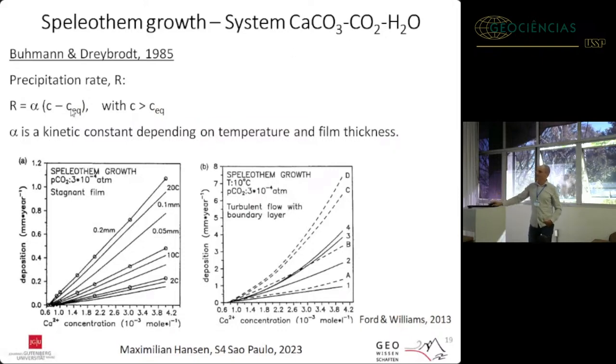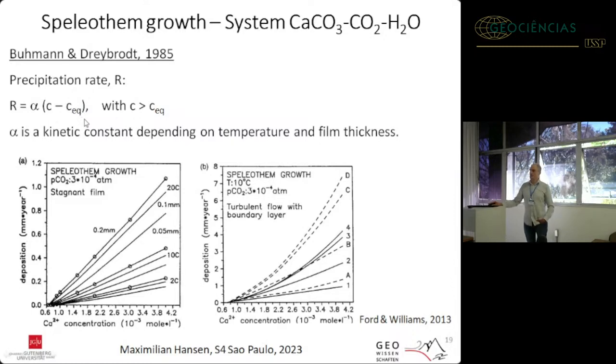And so the C's here describe the concentration of calcium carbonate inside the solution, like dissolved calcium in the solution. So this one would be initially the concentration when the water enters the cave, the maximum concentration in equilibrium with a high PCO2. And the second one is the concentration of calcium in equilibrium with the cave PCO2, right?